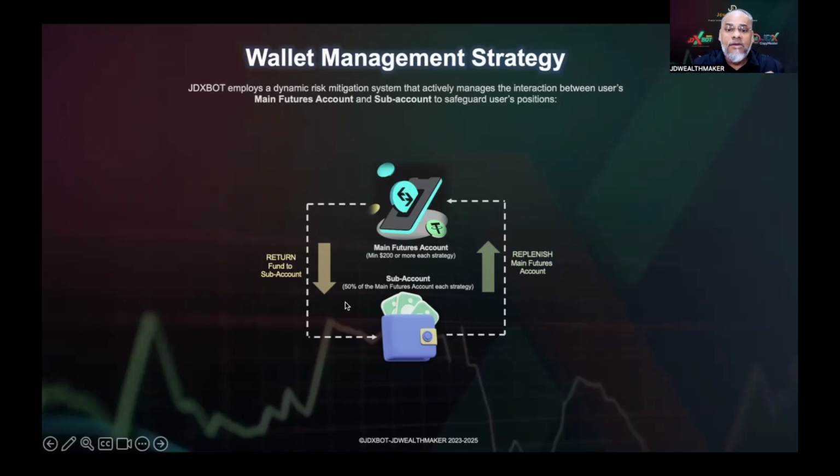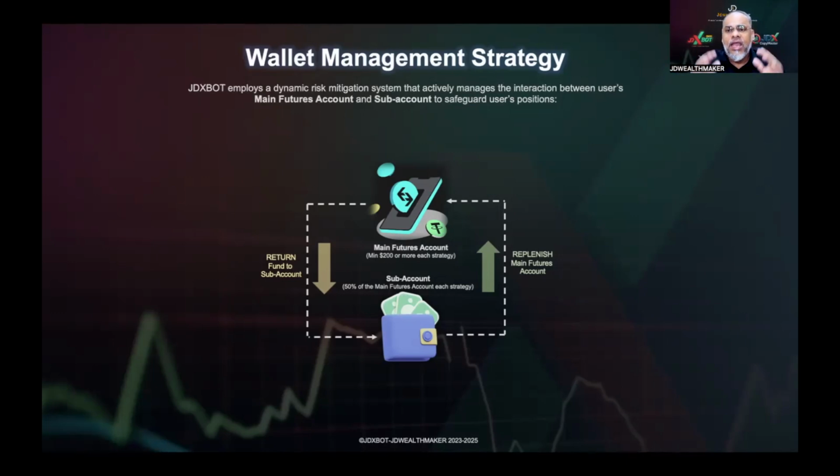The minimum funding of your sub account must be 50% of your main account. Okay, that is the minimum requirement. You can have 100%, you can have 200%, that will be much better. But the minimum is 50%. So that simply means that if your main account is $200, your minimum sub account will be $100.